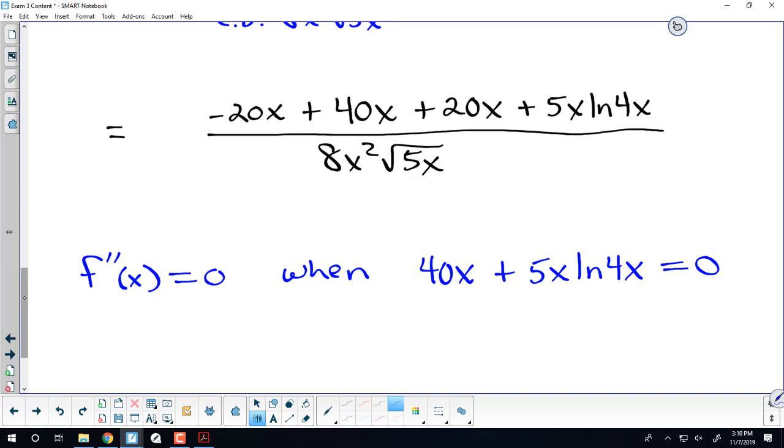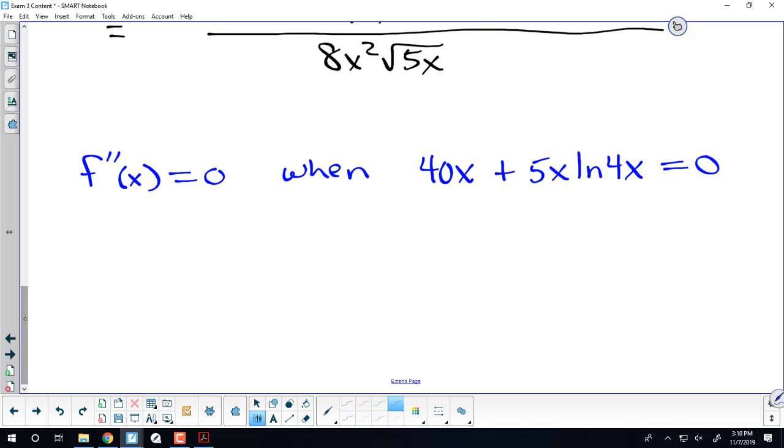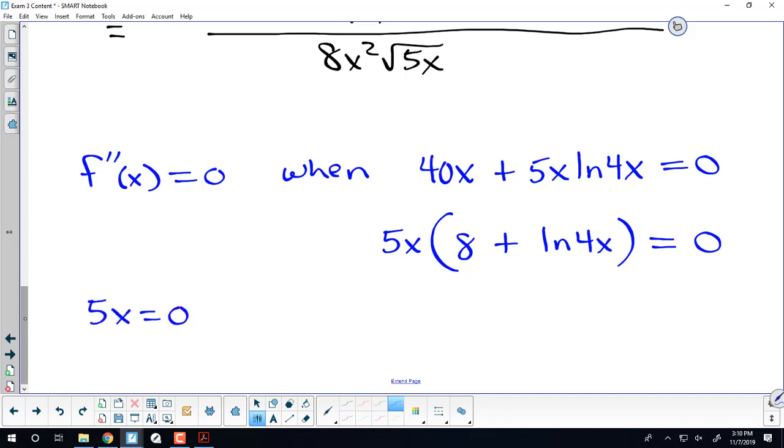So take out greatest common factor of 5x. Factors equaling 0 when 5x is 0, and when 8 plus ln 4x is 0.